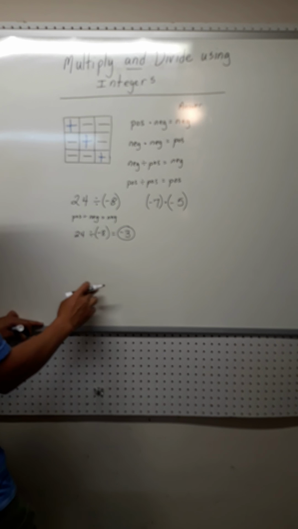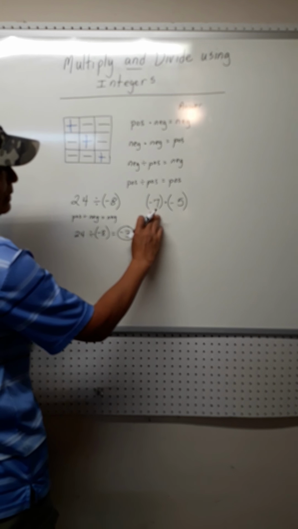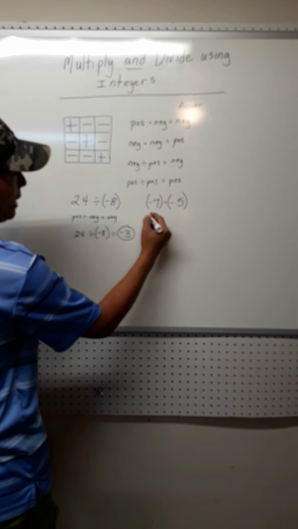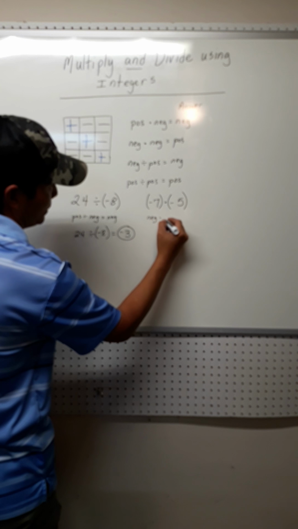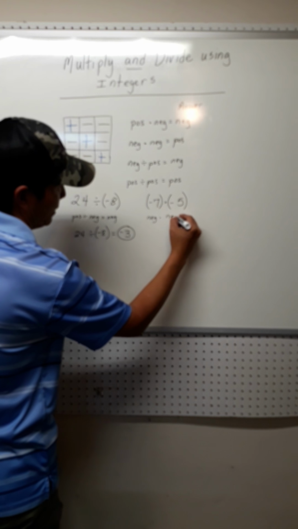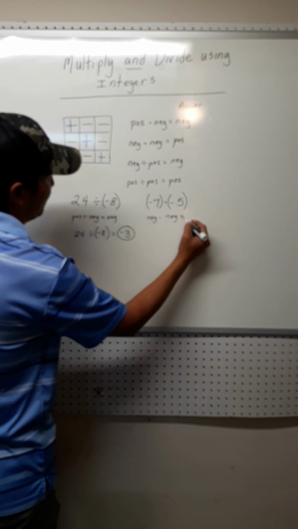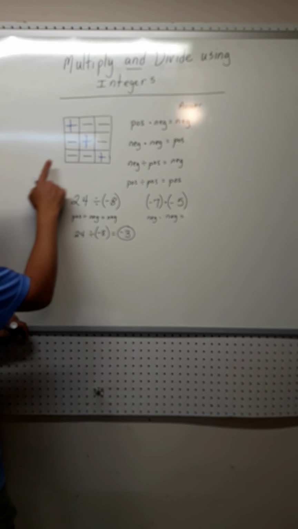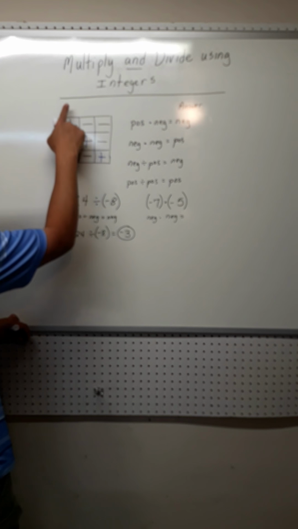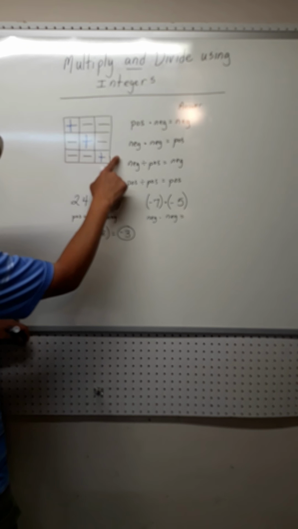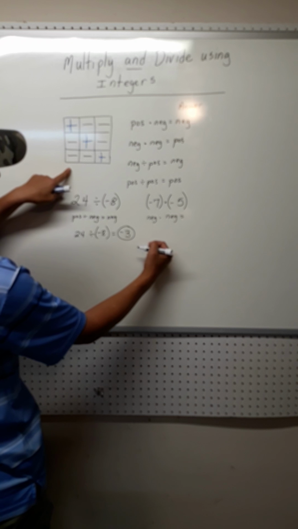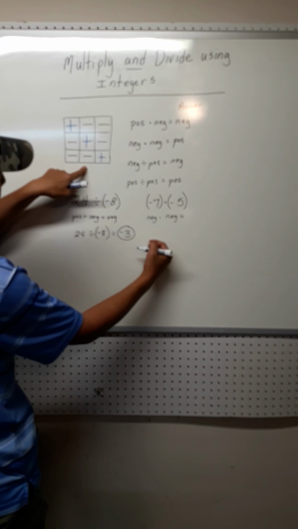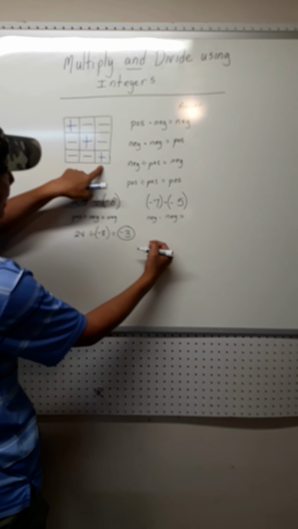All right. Let's make sure that we document what we have. I have a negative times another negative. And if I look up here, I can go from bottom to top in the first column or the last row. I have a negative times a negative must give me a positive.